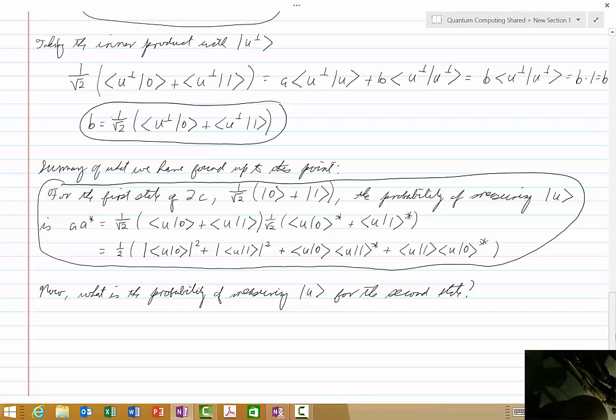So recall that our second state is equal to 1 over square root of 2 times the negative of the 0 ket plus i times the 1 ket. And we want to express this in terms of our basis, u and u orthogonal.